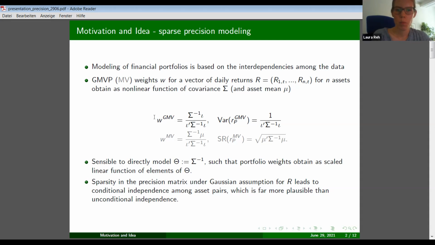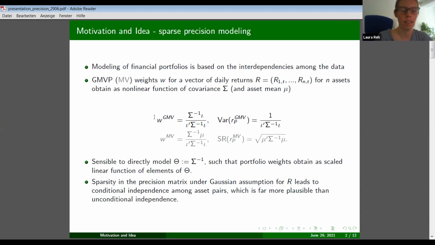So we sometimes impose kind of hard restrictions on the covariance matrix. However, even if you go to dimension 200 or 300, it is very unlikely that two assets in this basket of assets are completely uncorrelated, so that you have a zero in the covariance matrix.